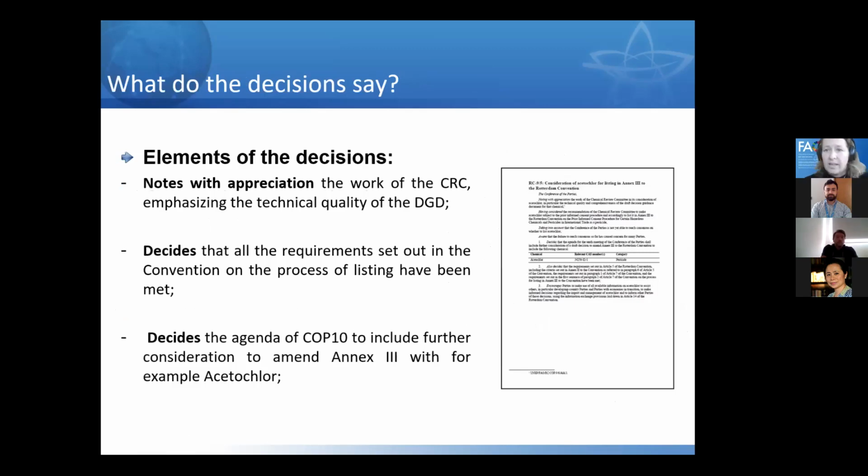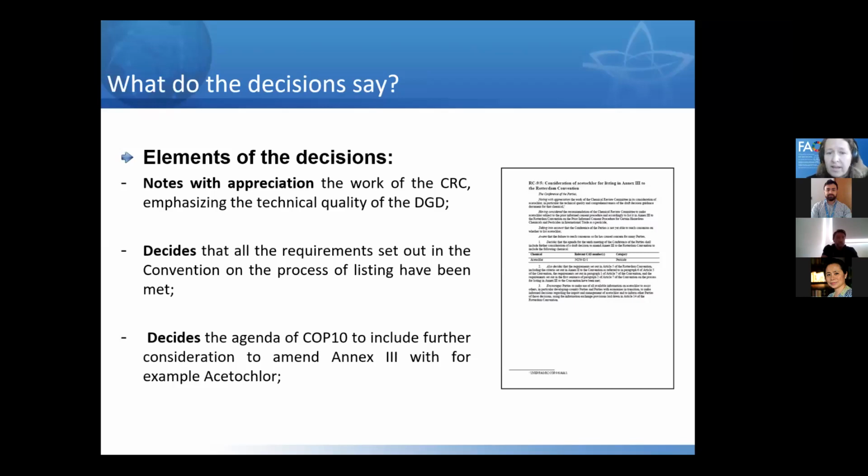I'm taking here the one on Acetochlor. First of all, the decision notes with high appreciation the work of the Chemical Review Committee, emphasizing the technical quality of the decision guidance document and also the comprehensive information available in the guidance document. It further decides that all requirements set out in the Convention on the process of listing have been met.